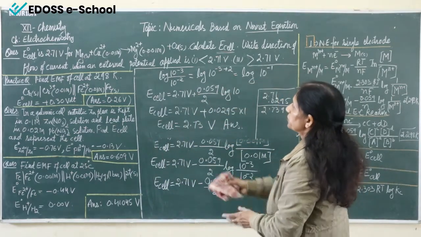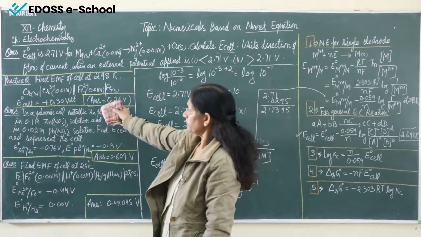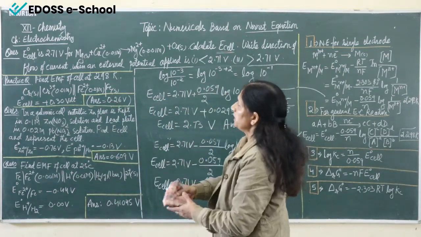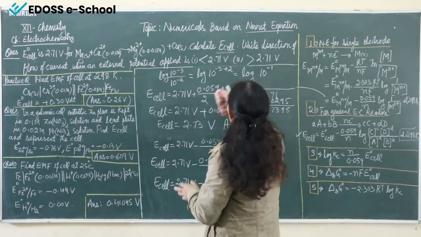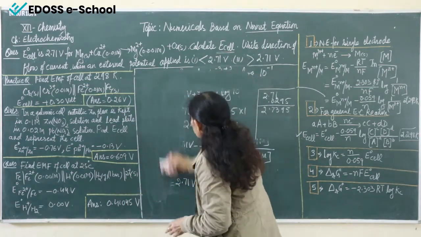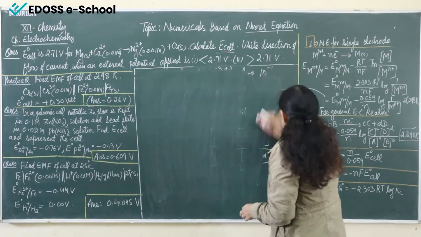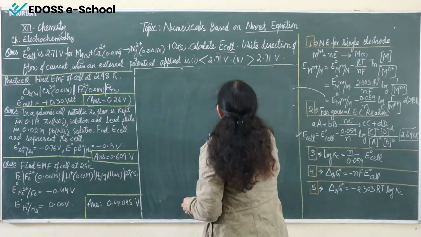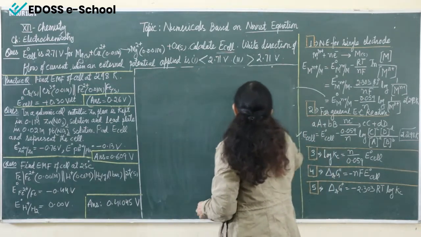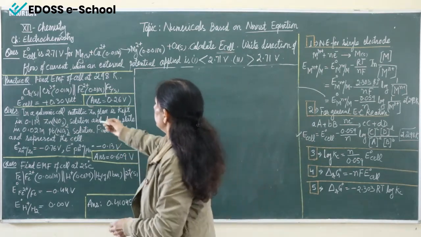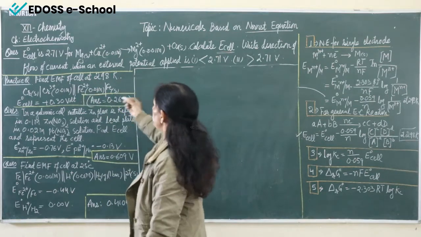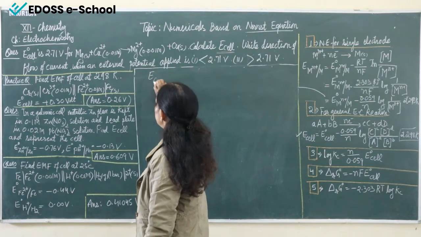Now, coming to the practice question. Same here. In the practice question also you can see, find the EMF of the cell at 298 Kelvin. In this question also I am just showing you how to calculate log. Find EMF of the cell means in the same way you have to find E of the cell.